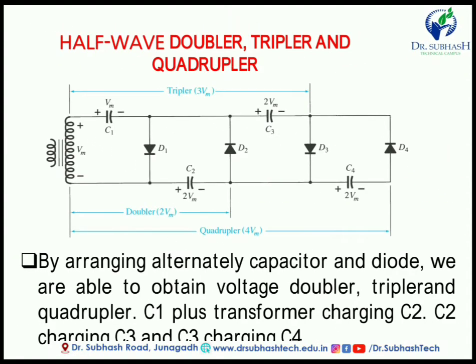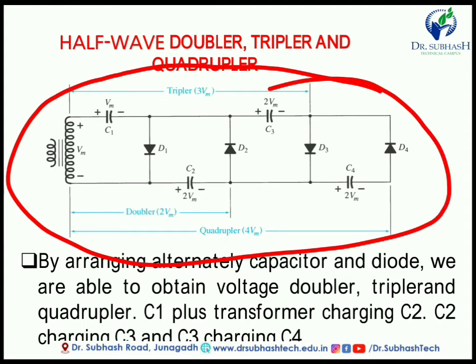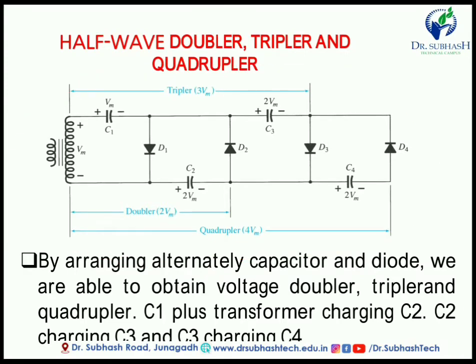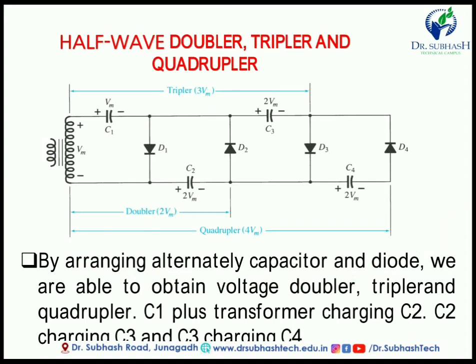Now whenever we draw this type of circuit, this is the combination of all multipliers. If we talk about the multiplier, then you have to remember this circuit, because the doubler, tripler and quadrupler are all combined in this one circuit. Here a rectifier is there, a transformer is there, and our input voltage is Vm.